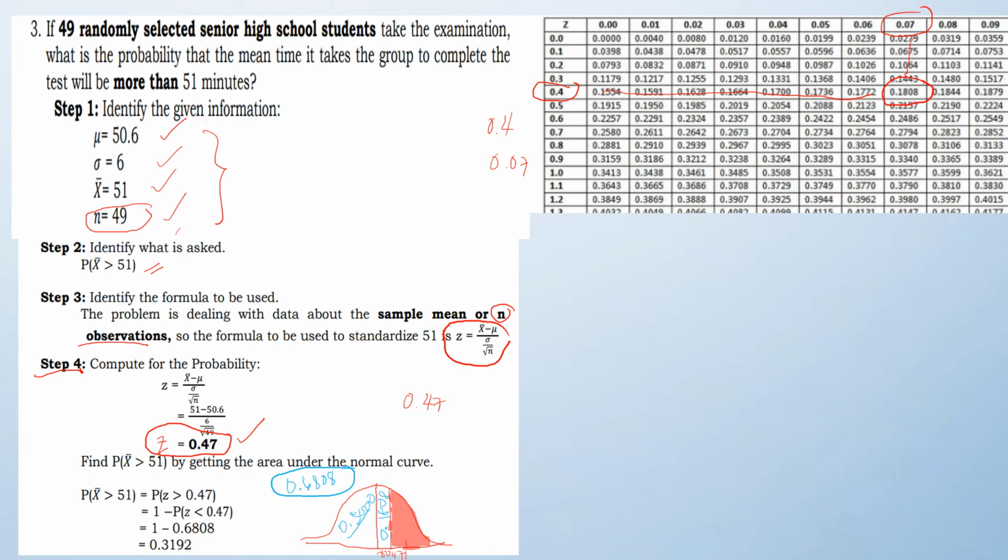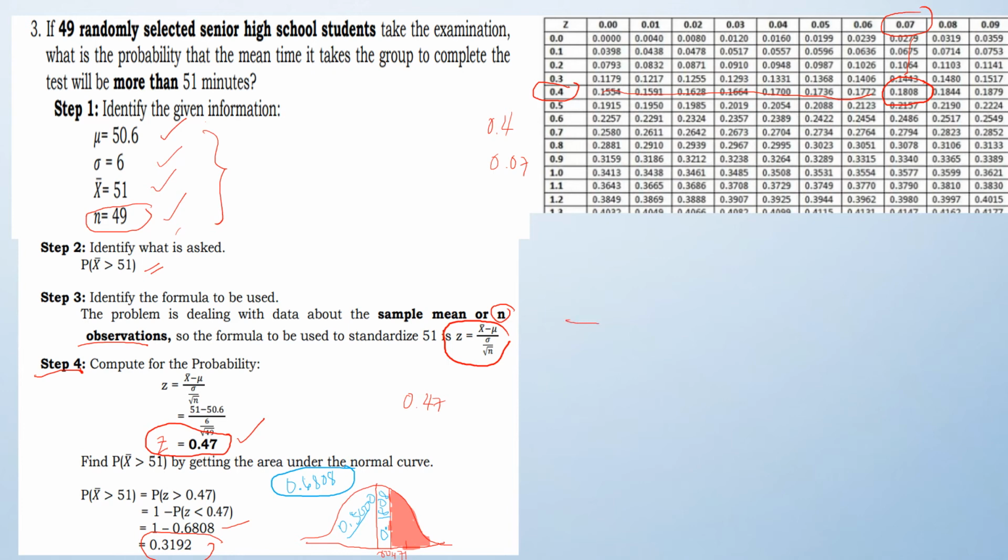So 1 minus 0.6808 will give us 0.3192. Yun ang unang technique para makuha yung probability of z greater than 0.47 or probability of x greater than 51.